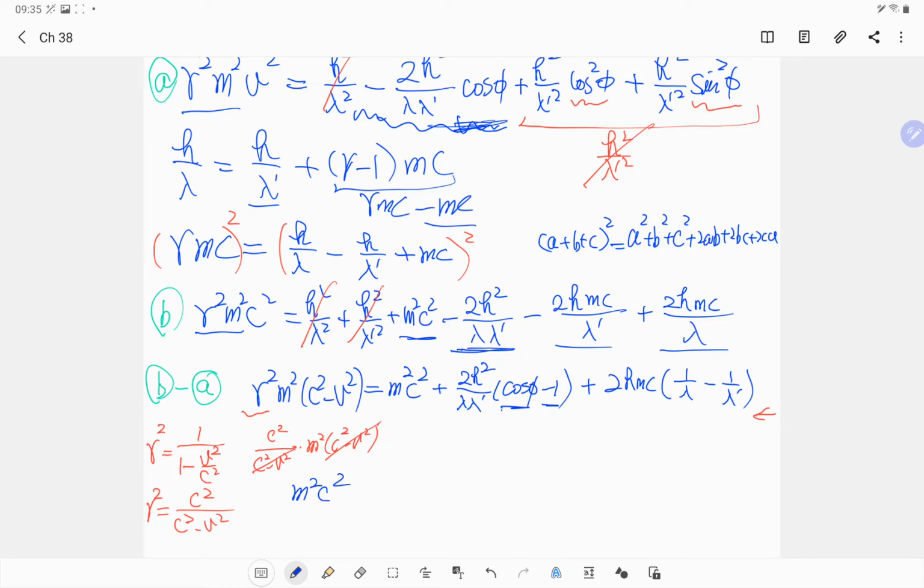So for the left side, which means that these m squared c squared terms can also be cancelled. And then finally we can further rearrange the terms.